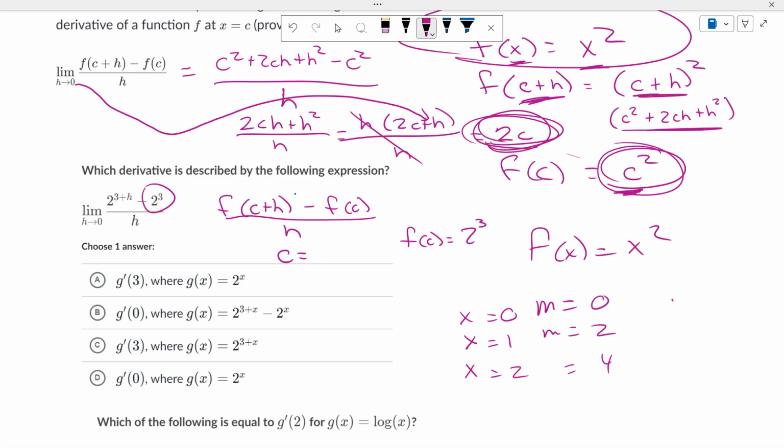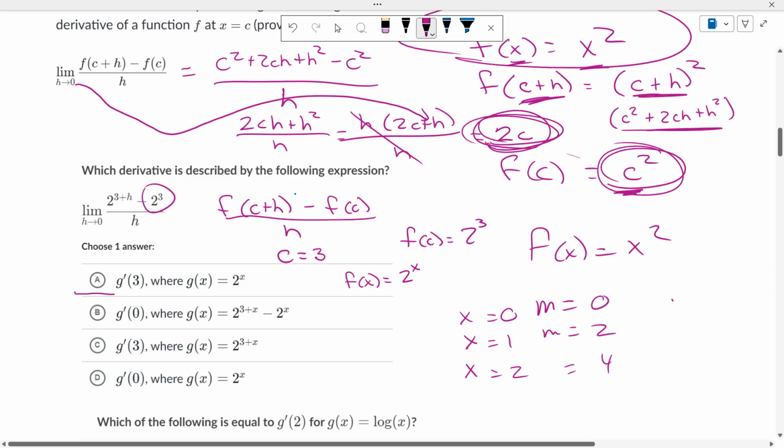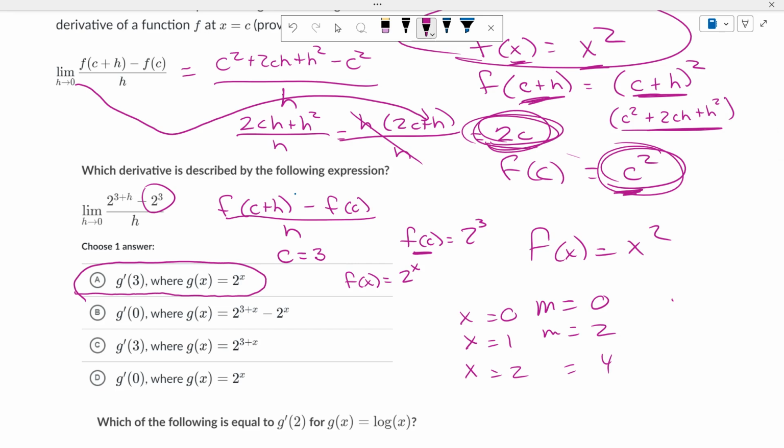So what happens here is when c is 3, f of x must be 2 to the x. So it's the first derivative at 3 when it's 2 to the x power. Because if f of c is 2 to the third and c equals 3, that's what we're plugging in there. So then the function must be 2 to the x.